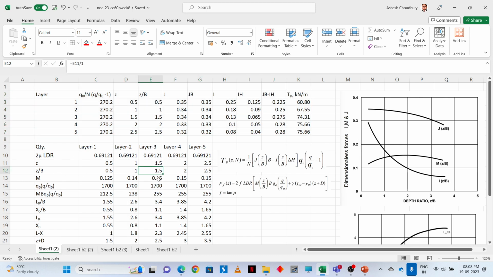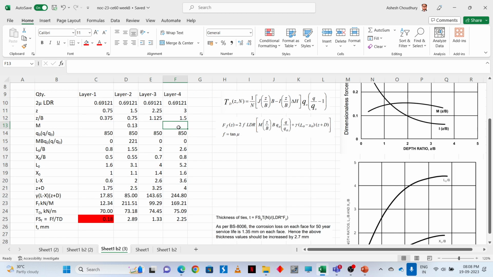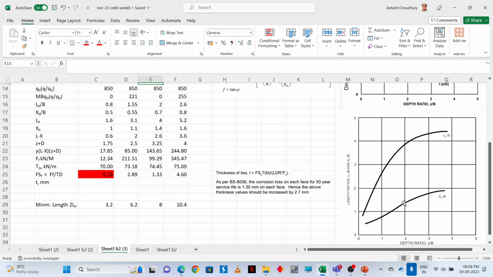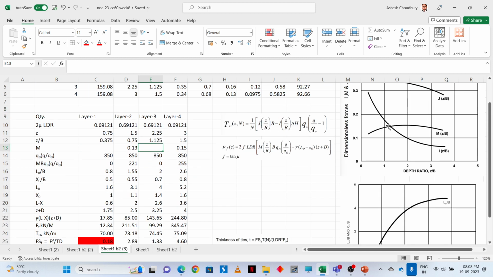We took 0.15. For 1.125 approximately it will be the same only.